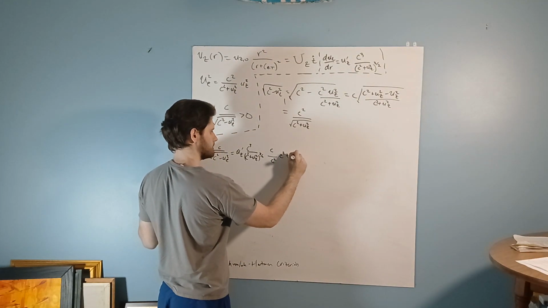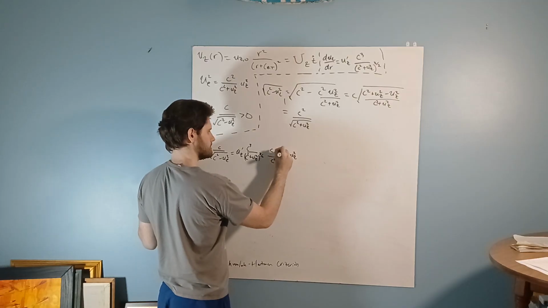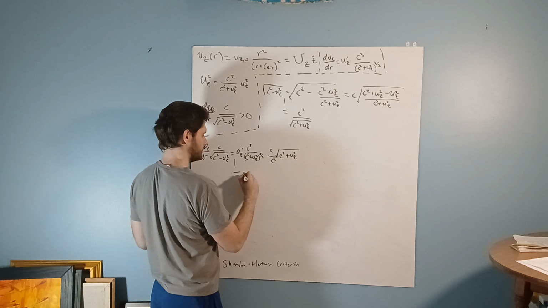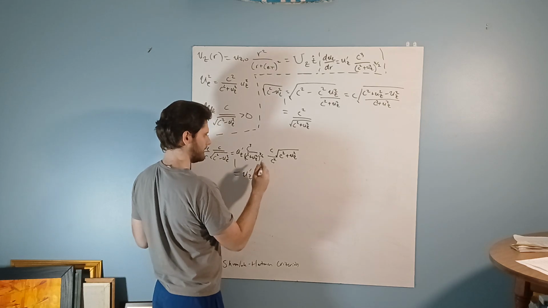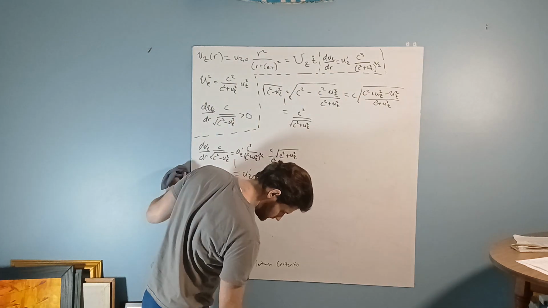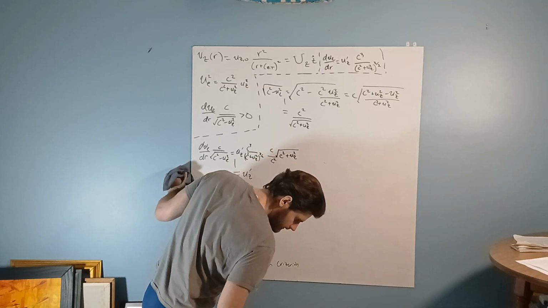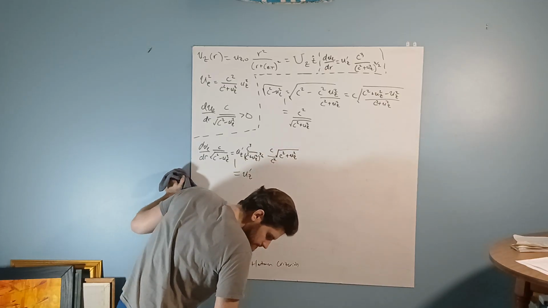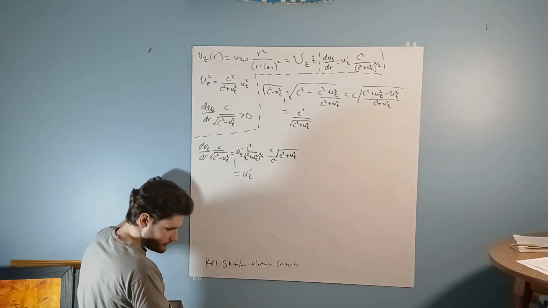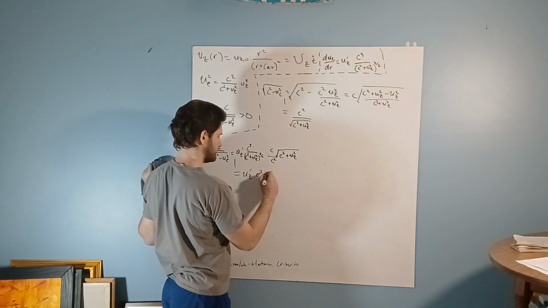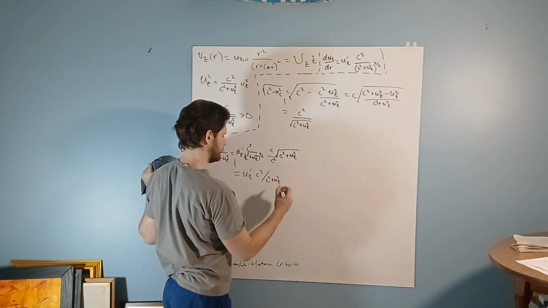All right? What does that equal? That equals uz prime, c squared over c squared plus uz squared.